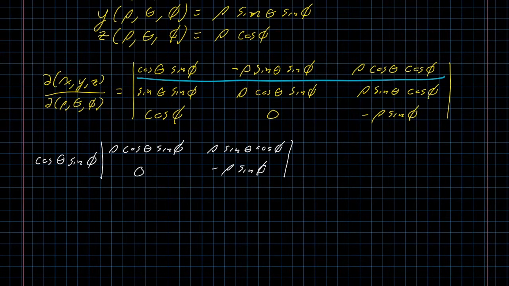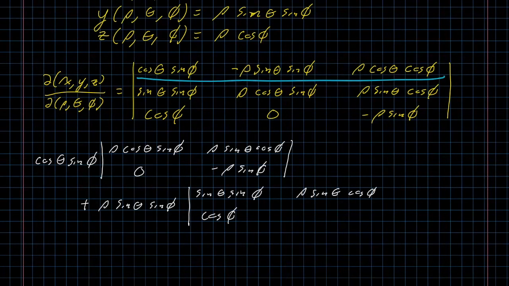We've got minus and then a minus in the problem, so all told that's plus rho sine theta sine phi times the 2 by 2 determinant sine theta sine phi, rho sine theta cosine phi, and minus rho sine phi.